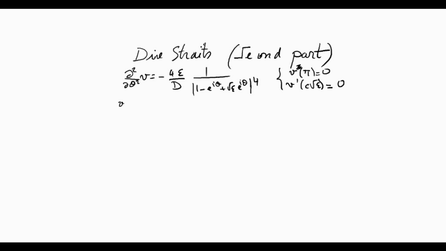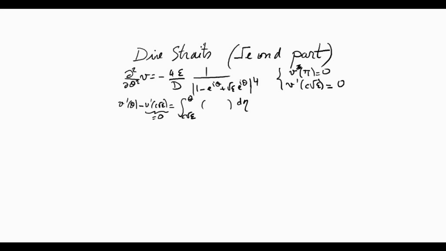So v prime of θ minus v prime of c square root epsilon, which is by definition 0, will give us the first integral from θ to c square root epsilon of whatever we have here, dη.